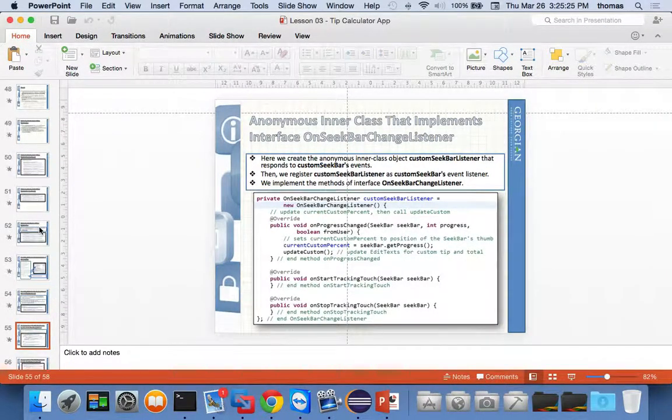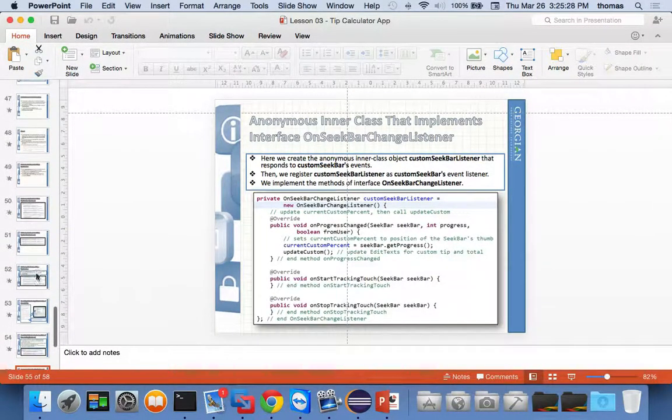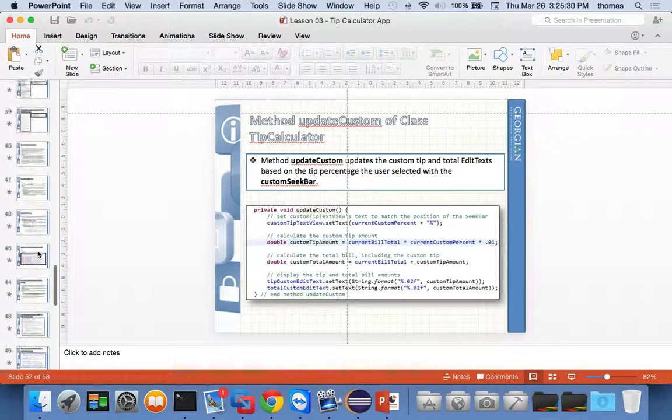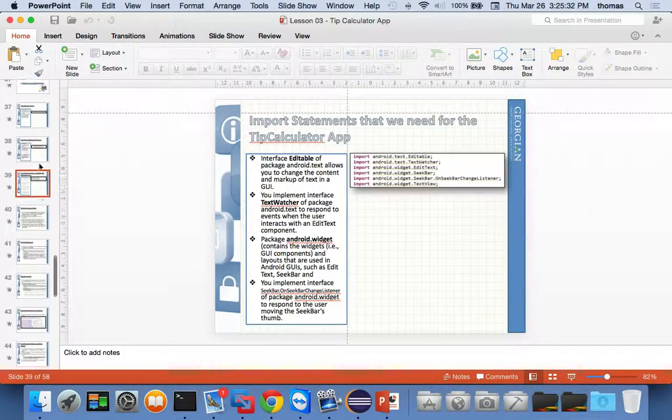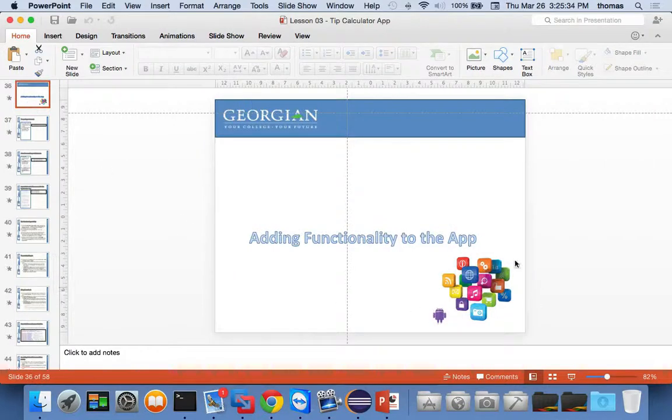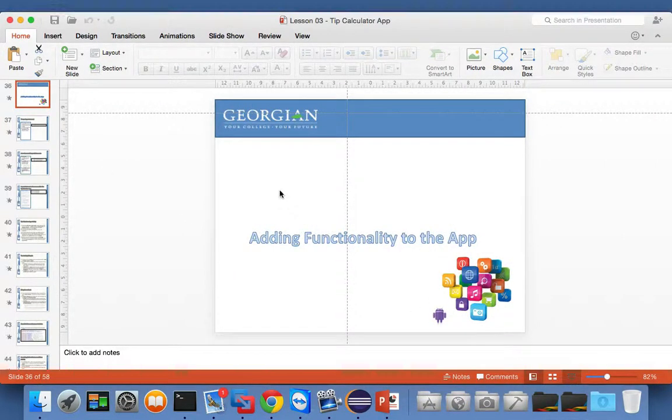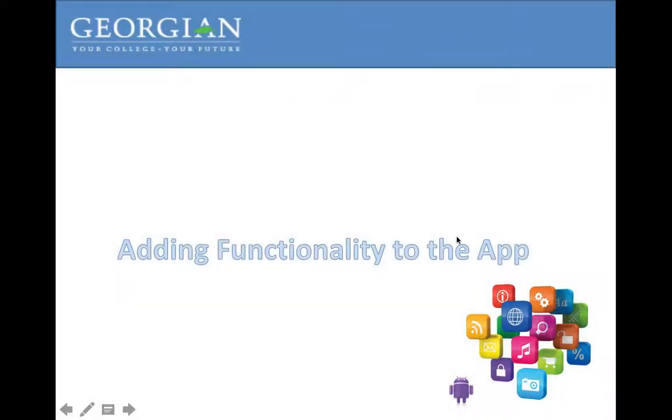Okay. So now we're going to start building the functionality for the app, right? I'm just going to swap in and out of here, so just bear with me while I do that.